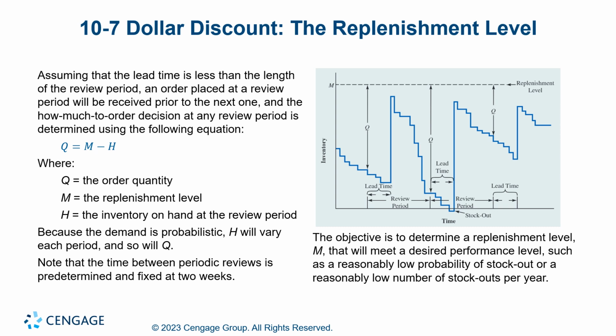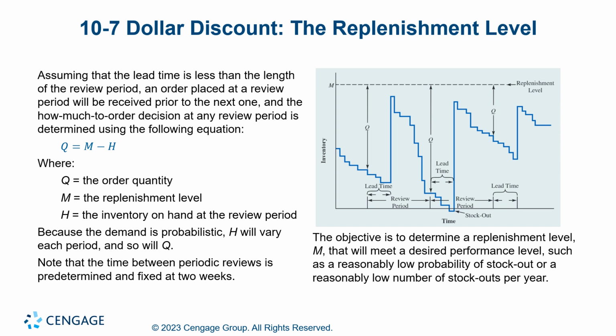Because the demand is probabilistic, the inventory on hand at the review period H will vary, and therefore the order quantity that must be sufficient to bring the inventory position back to its maximum or replenishment level M can be expected to vary each period. So here what is constant is the period, and what will vary is the quantity.